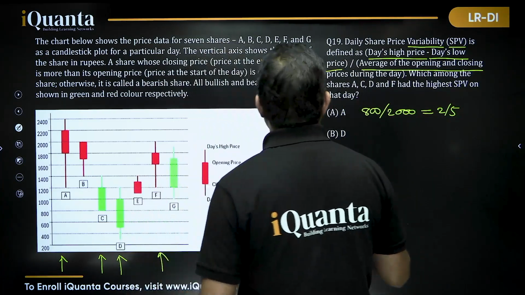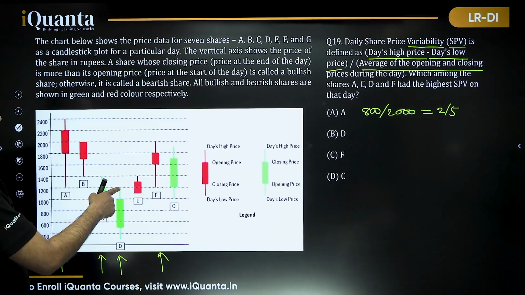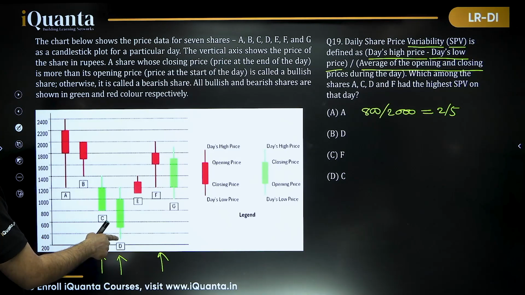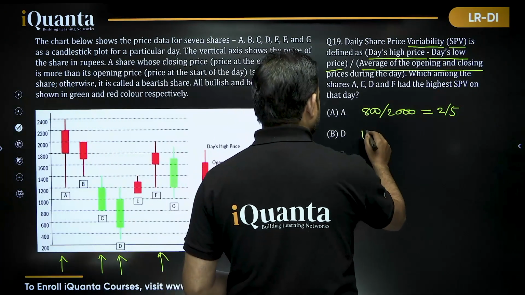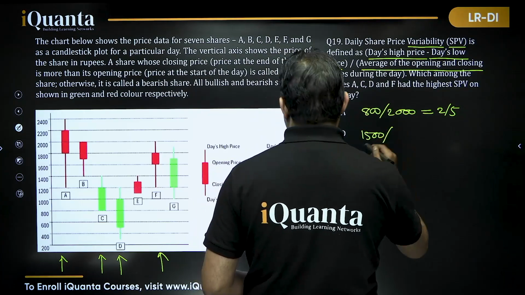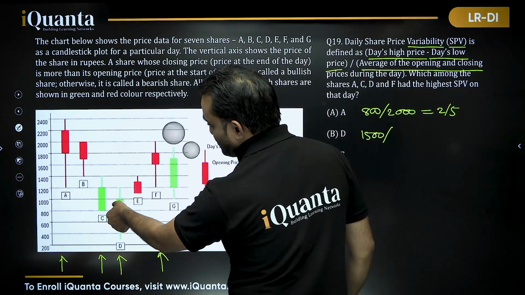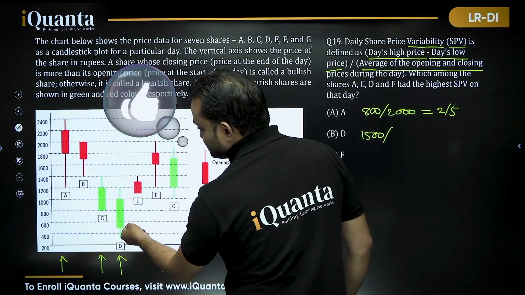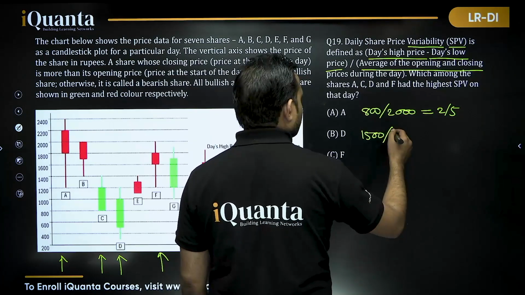Now in case of D, let's check D. This is days high price and days low price, 1200, and this will be 300. So 1500 divided by the average of closing and opening price. So this is 1000, this is 500. So 1500 by 2.